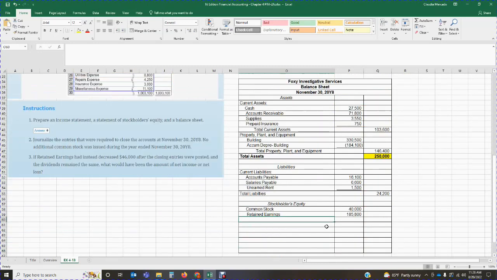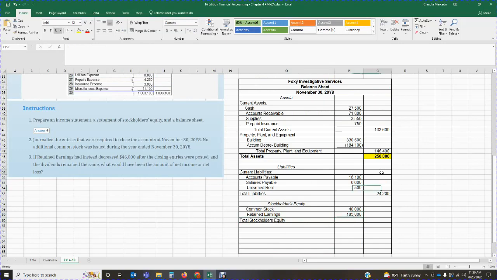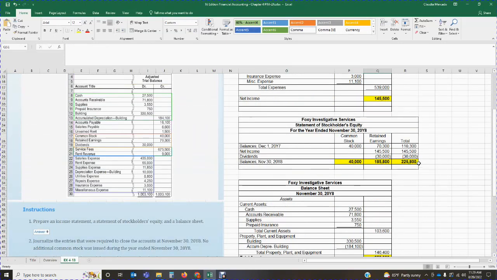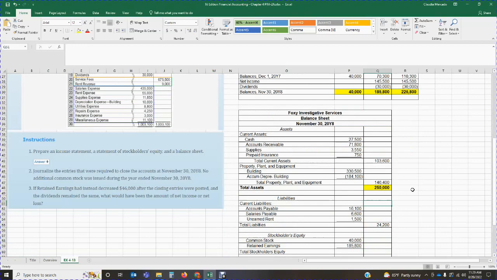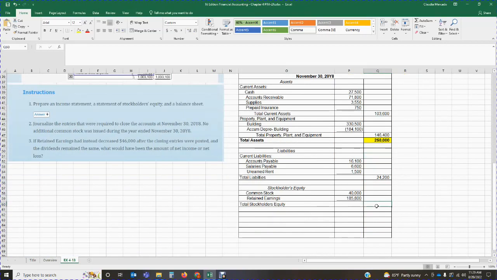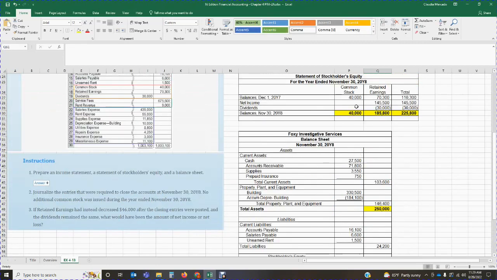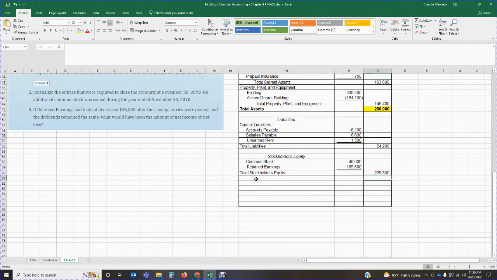Okay. Our total stockholders' equity is the sum of those two, which we calculated up here to be 225,800. Okay. So the sum of common stock and retained earnings is 225,800. All these three numbers are coming from your statement of stockholders' equity. Okay.